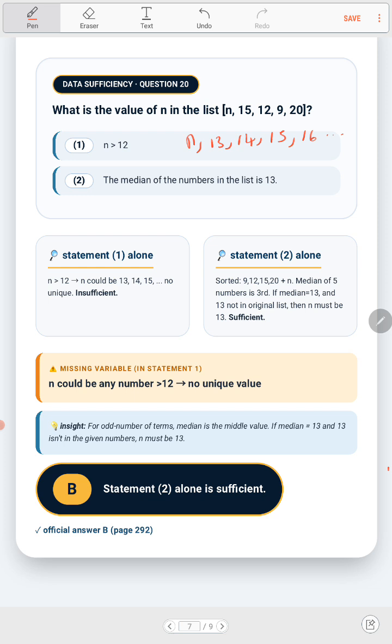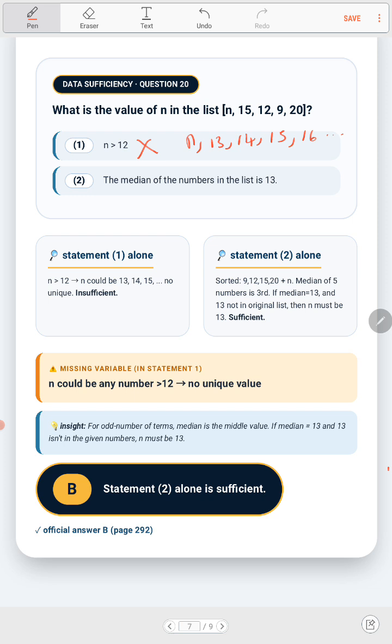So the specific value is missing. So this is not sufficient because we don't know what is the value of n, since n can be 13, 14, 15, 16 down to infinity. Which particular value? So we don't know.